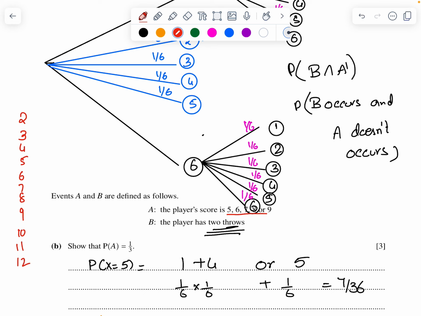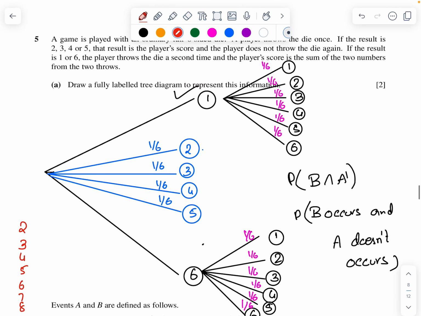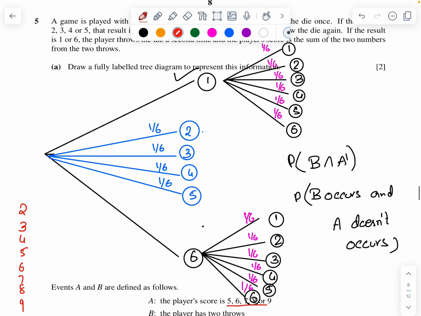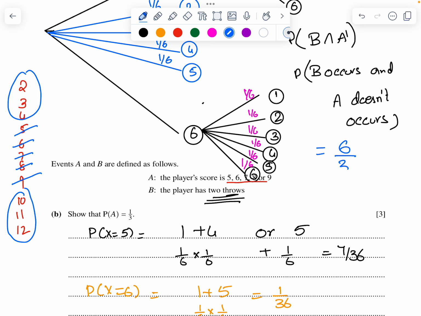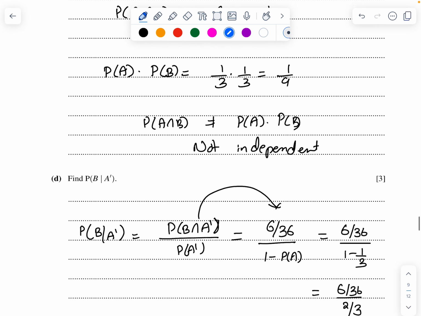But he says that 5, 6, 7, 8, 9 do not occur. So how many ways are left over? 2, 3, 4, 10, 11, 12. So that is 6 ways out of 36. So the probability of B intersection A complement is going to be 6 upon 36.